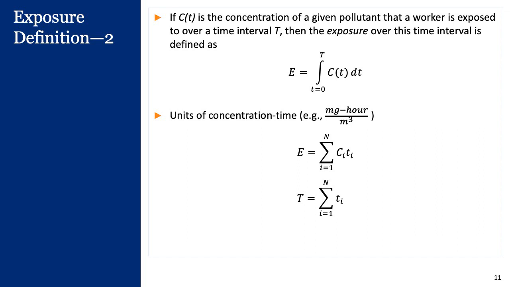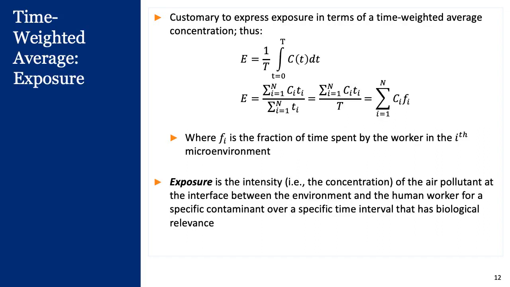So as you can see, both the integral and the discrete form, the summation, refer to concentration being summed over a time interval. However, one additional thing that we do is we don't express exposure in the way I showed you in the previous slide. We actually express it in terms of a time-weighted average concentration, meaning we divide that integral by the total time, so that the exposure is in terms of not milligrams per cubic meter hour, but just milligrams per cubic meter, since we are now dividing out the whole integral by the total time.